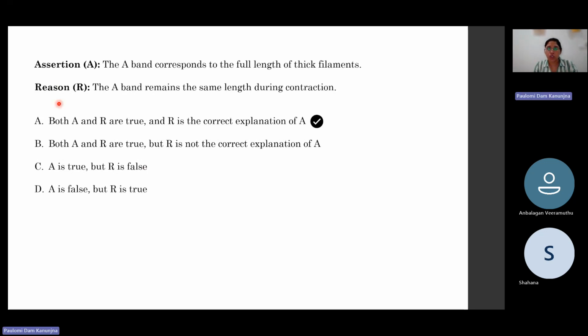Okay, so this is again correct. Now remember why it is the same in length. A band is basically the myosin filament.